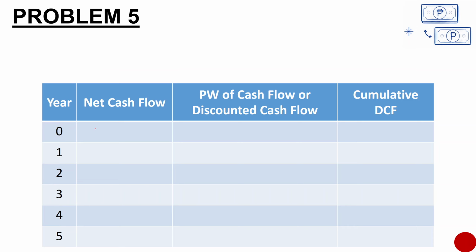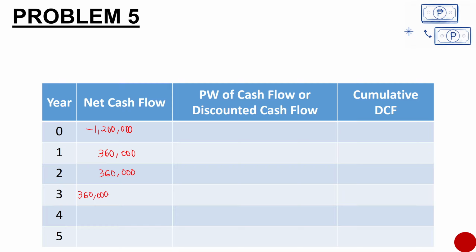So at year zero, we have an initial cost of 1.2 million pesos. I'll just write this as negative 1,200,000 pesos. At year one, we have a benefit of 360,000 pesos. At year two, we also have our benefit of 360,000 pesos. Now at year three, we also have our benefit of 360,000 pesos.